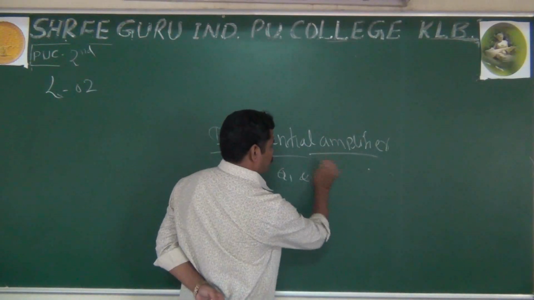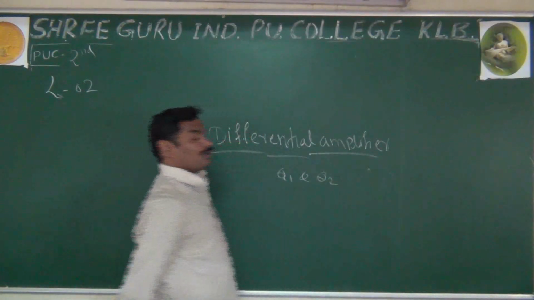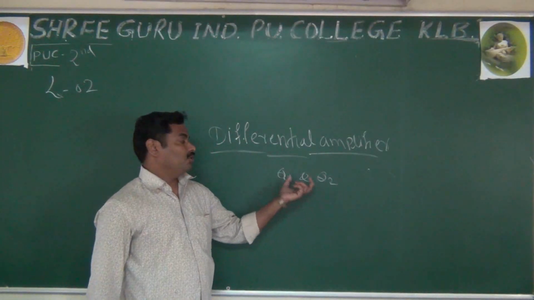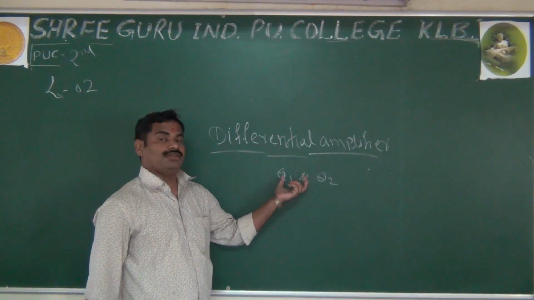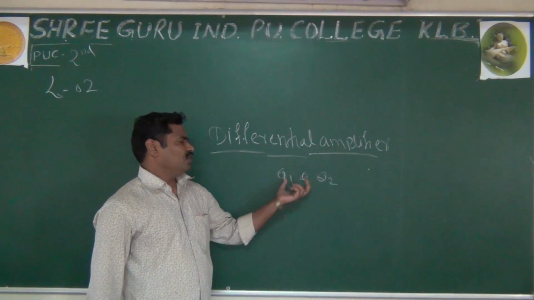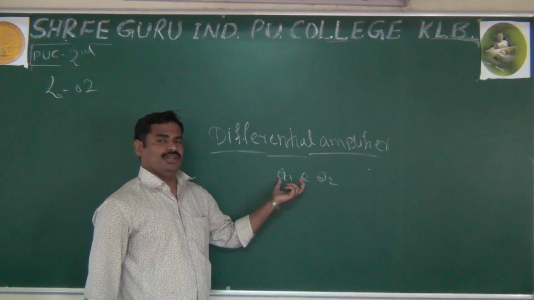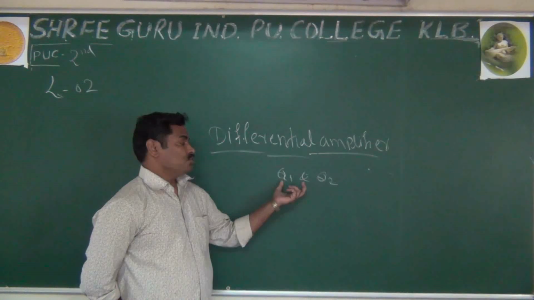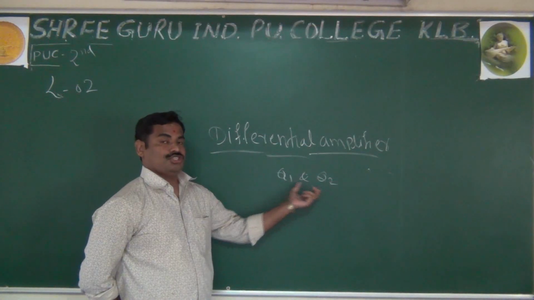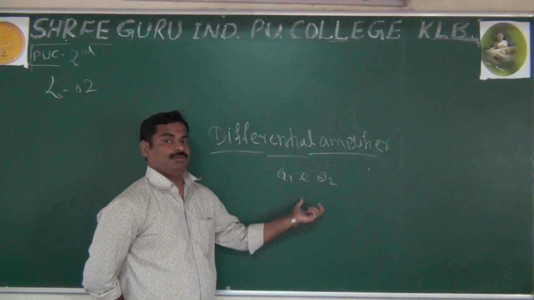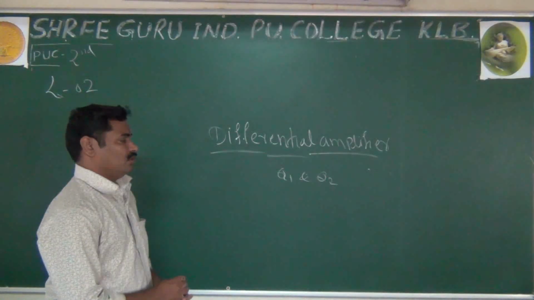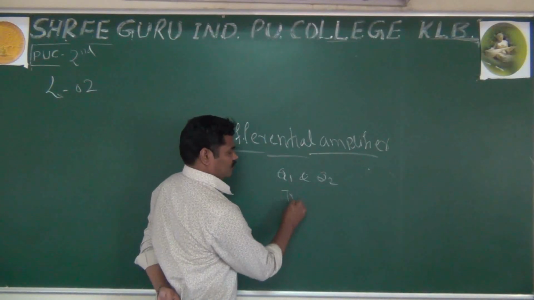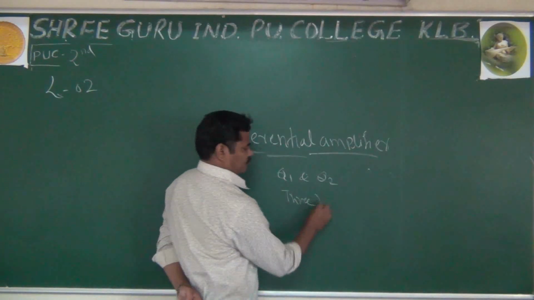In your differential amplifier, you are using the two transistors Q1 and Q2, and they are in the same configuration, especially common emitter amplifiers. They are using the same type of transistor in Q1 as well as Q2, and also using about three resistors.